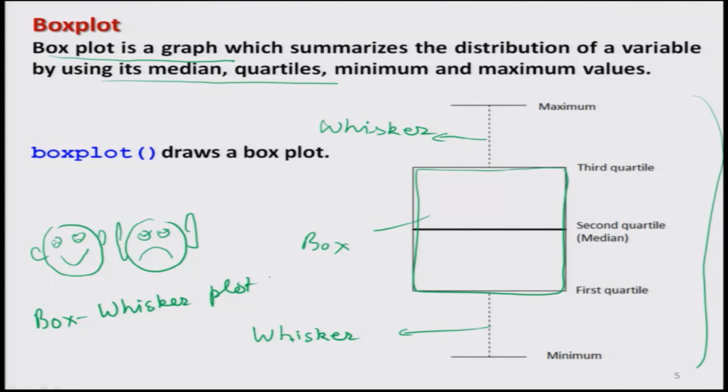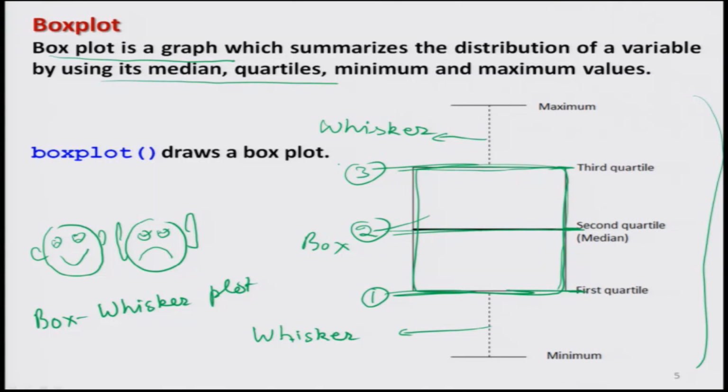Now we try to understand what this box plot is trying to indicate. You can see here, first we try to go inside the box. There is one line here, one line here, and one line here. So let me call them line number 1, line number 2, and line number 3.